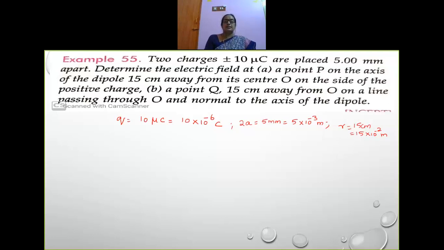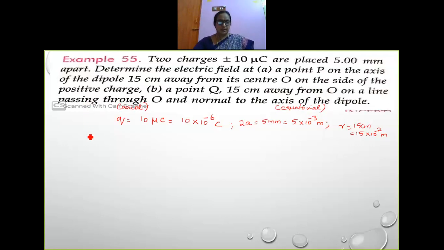The second case is a point Q 15 centimeter away from O on a line passing through O and normal to the axis of the dipole. Here, 15 centimeter away from O on a line means we use the axial line formula, and normal to the axis of the dipole means you have to use the formula for the equatorial line. It is just a simple substitution of the formula, children.